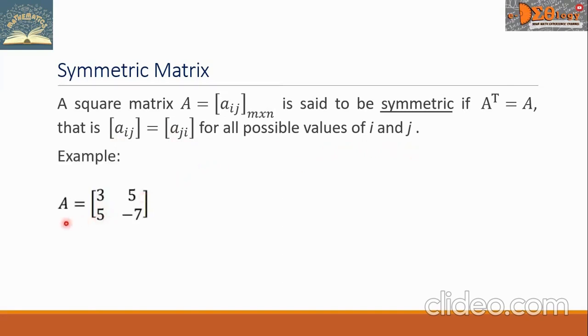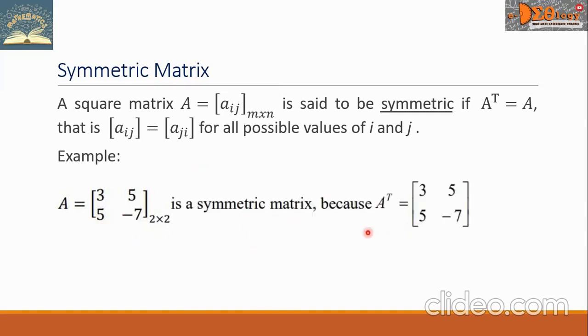Example, matrix A with elements 3, 5, 5, negative 7. This is a 2 by 2 matrix. This is a symmetric matrix because the A transpose is equal to this matrix.